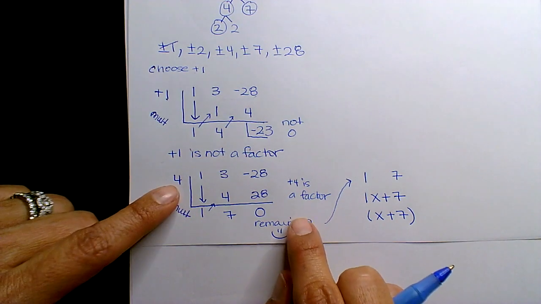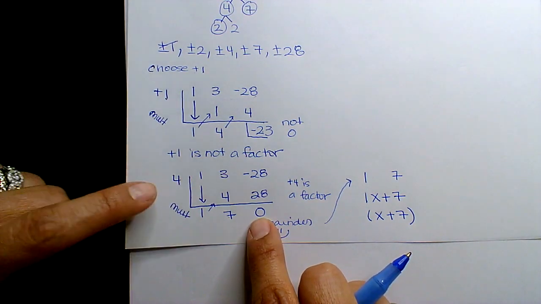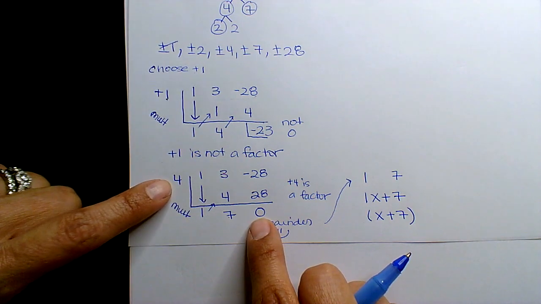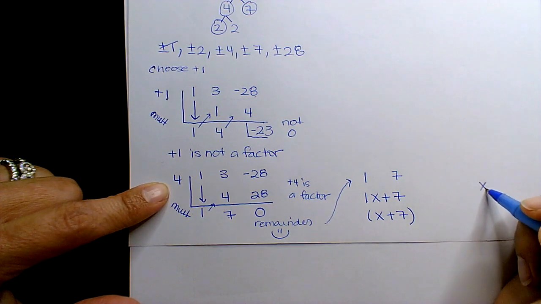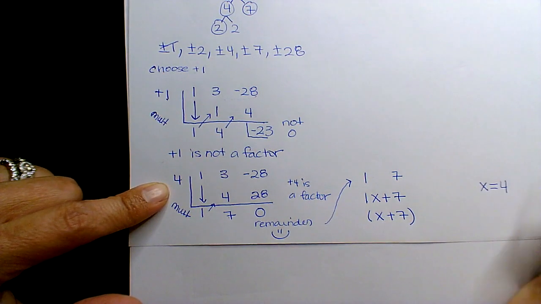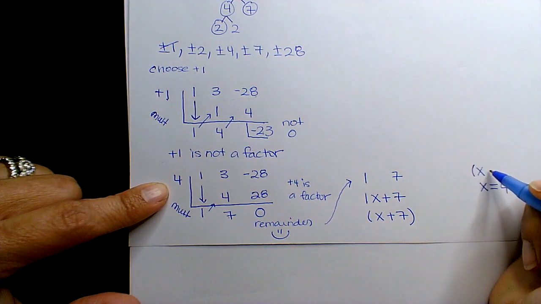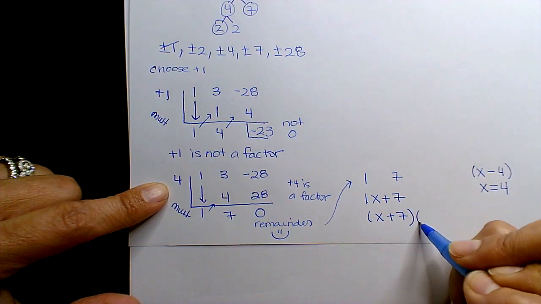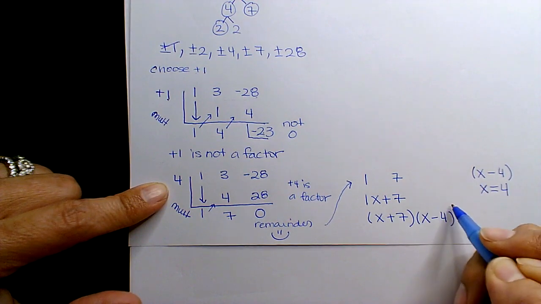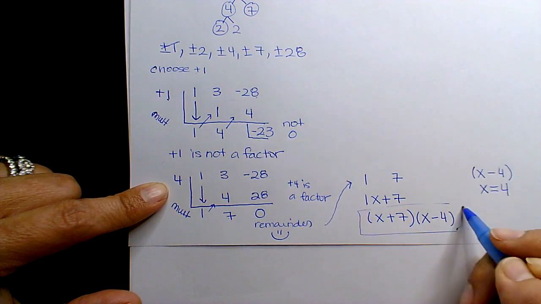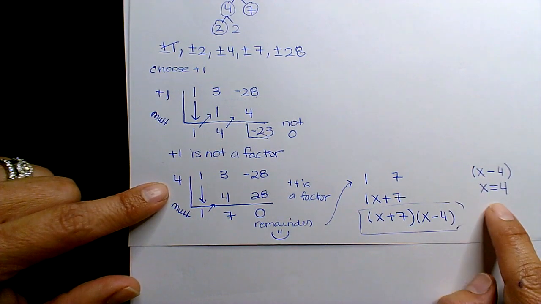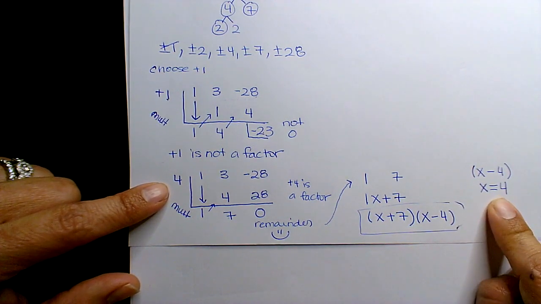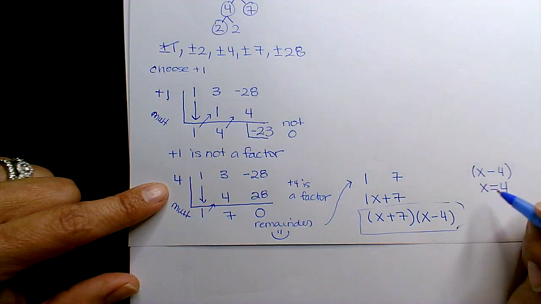When you synthetic divide and you get a 0, this tells you that this is a factor, that this is a solution. What you have is x equals 4, but if you go backwards, by the zero product property, it's actually x minus 4, and so these are your two factors. This would be factored form, not that you need it. Once you get the 4, that's a root.